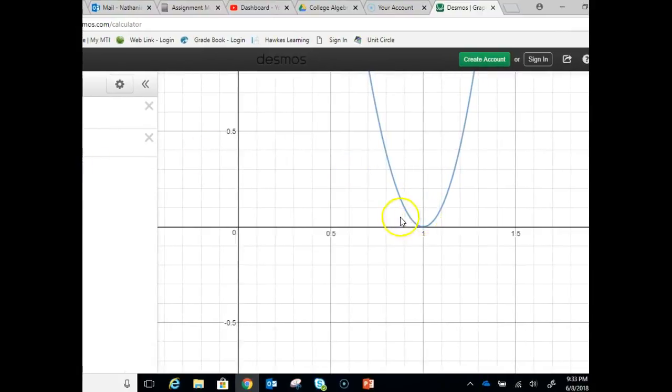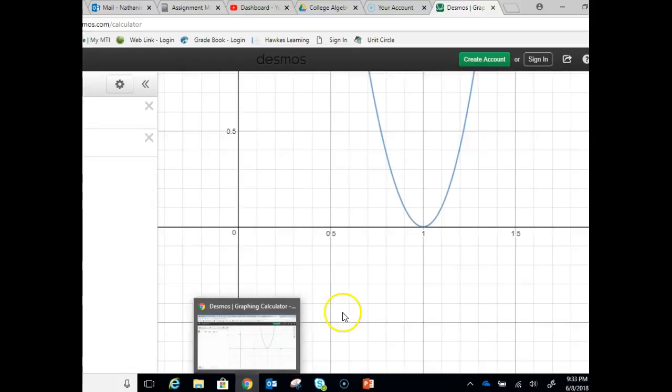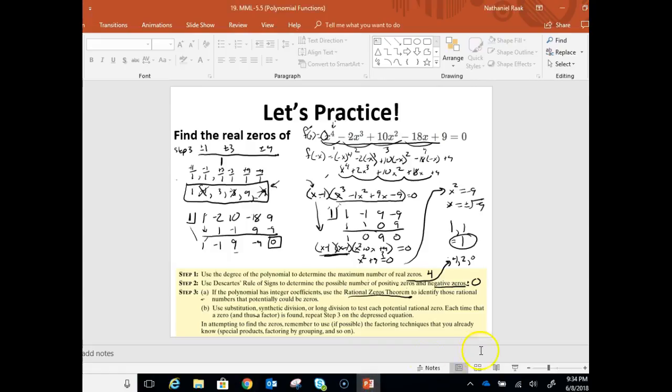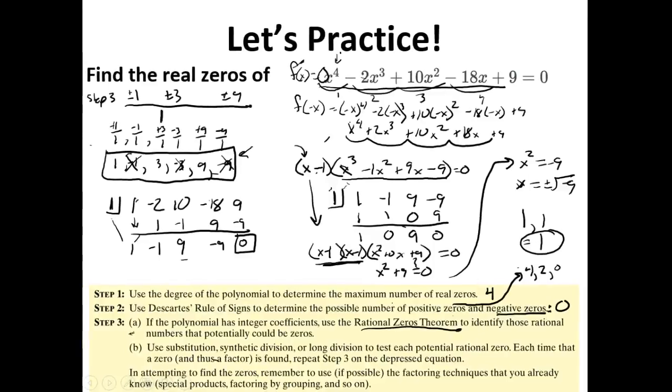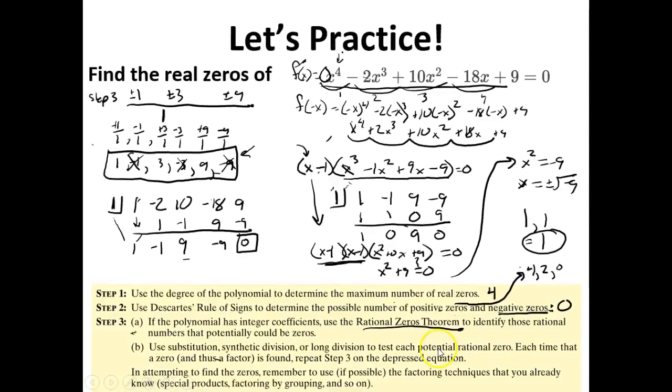This graph only touches the x-axis at one spot right there. So that's our only solution in this case. And those are techniques for trying to figure out what the zeros are.